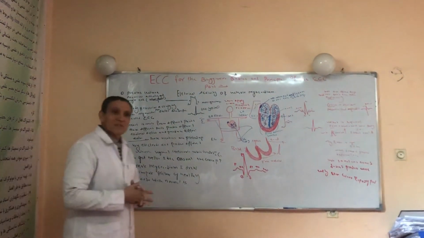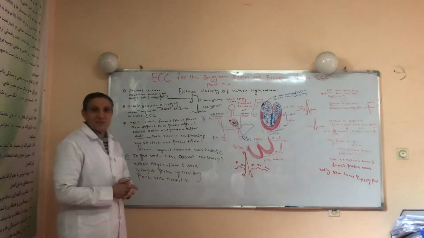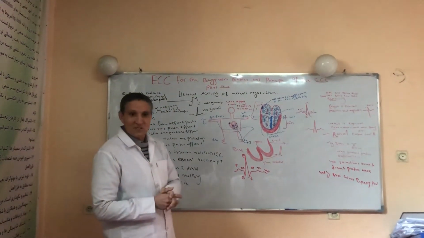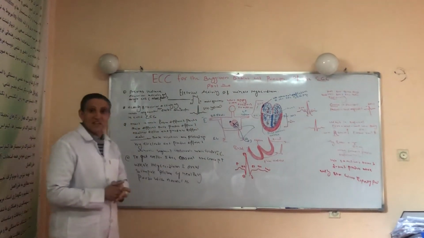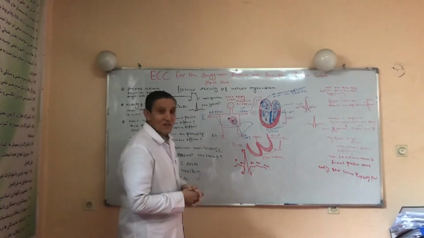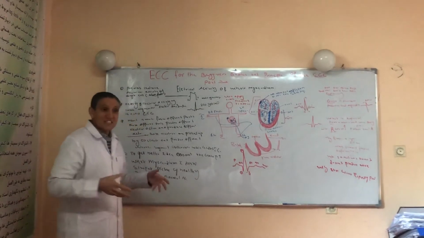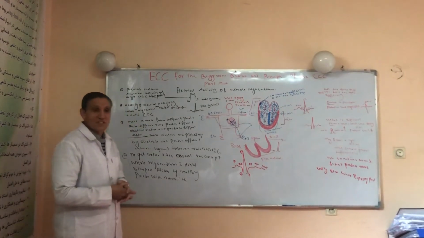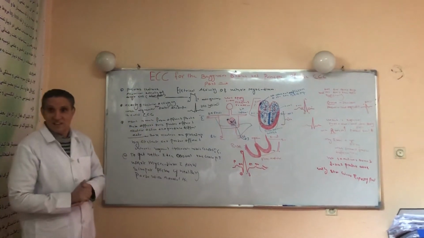Since we know the heart is made of different parts, I mean the SA node, AV node, His bundle, left bundle branch, right bundle branch, anterior and posterior fascicles, and especially the right atrium, right ventricle, and left ventricle. These different parts of the heart produce different electrical activity, and this electrical activity is presented by different vectors.